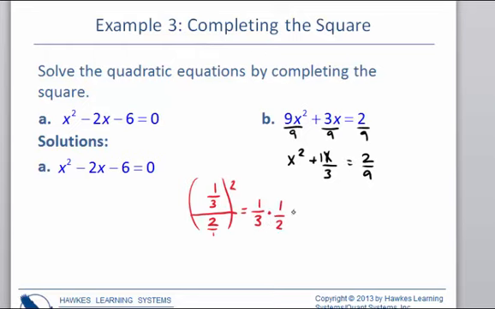So 1/3 times 1/2 is going to give you 1/6. And 1/6 squared, 1 times 1 is 1, 6 times 6 is 36. So we are going to add to both sides of this problem 1 over 36. So let's see if I kind of squeeze it in right here. 1 over 36 plus 1 over 36.